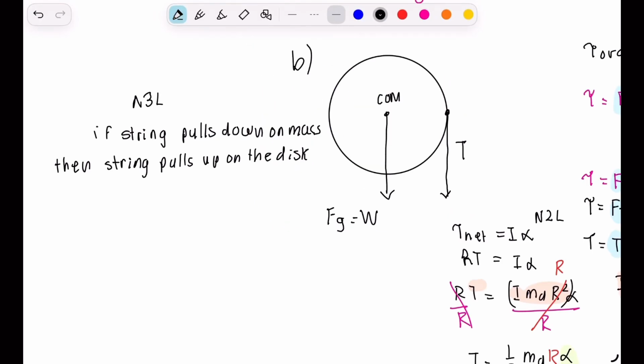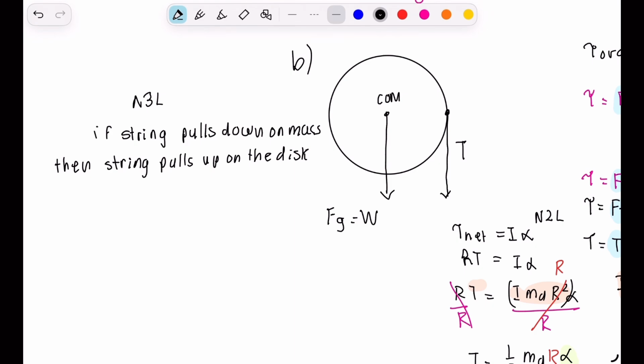For the free body diagram, we're going to have the force of gravity, equal to the weight, acting downward at the center of mass, and the force of tension is going to be tangent to the circle's radius, and that is going to act down because if the string is pulling down on the mass, the string also has to pull up on the disk according to Newton's third law.